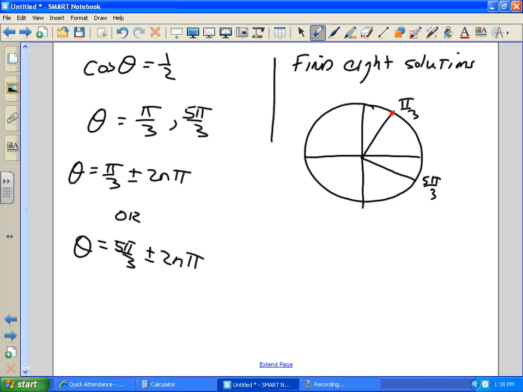So now I want 8 solutions. I could start with pi over 3, and add 2 pi, and that gives me 7 pi over 3. I could add 2 pi again, and that gives me 13 pi over 3.